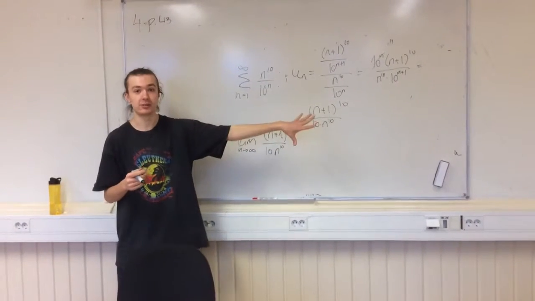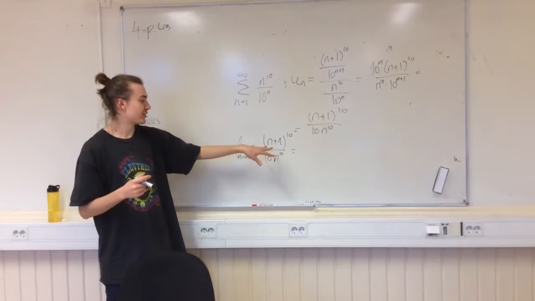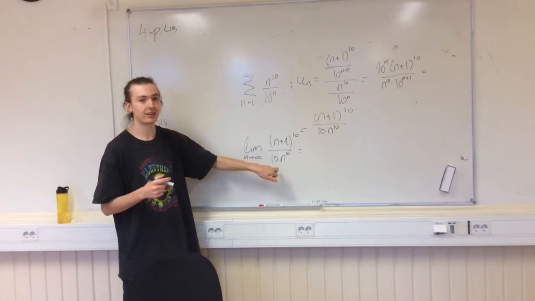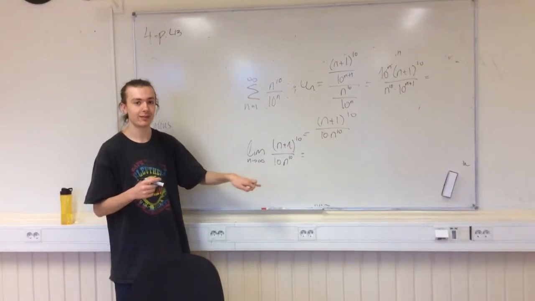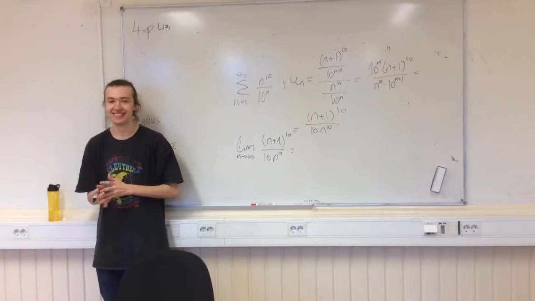And all of the others will disappear because they have lower powers. Right? So then we will have 1 over this divided by n to the power of 10, so we just have 1/10. But I don't know if that's valid. That makes sense.